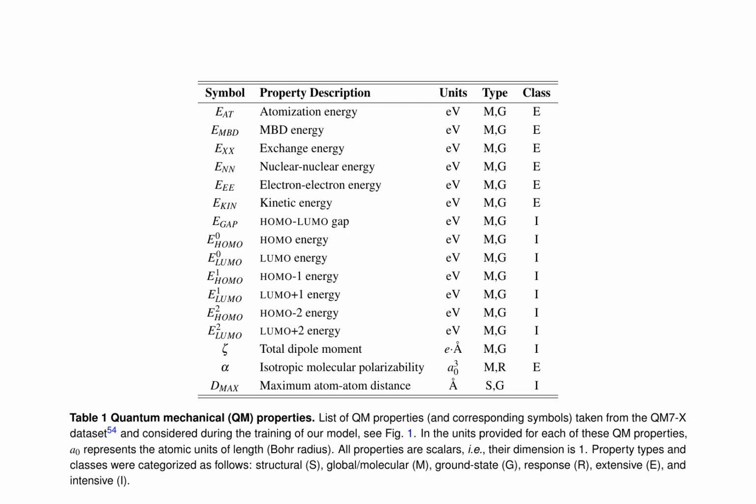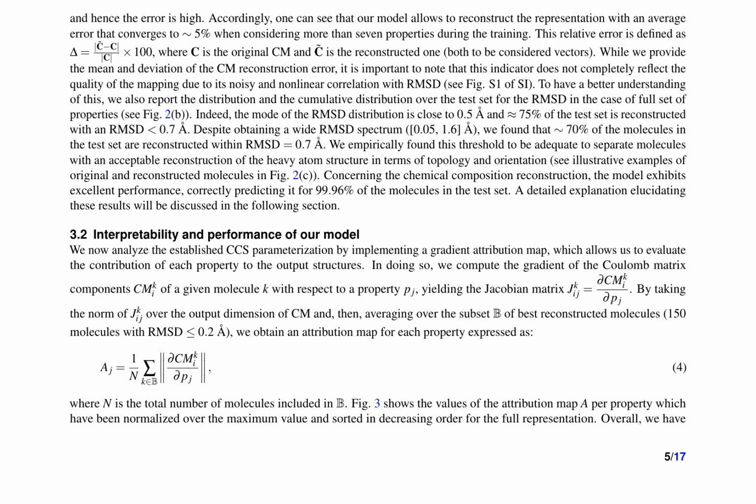The properties are categorized into structural, global, molecular, ground state, response, extensive, and intensive types. A model trained on these properties demonstrates an ability to reconstruct molecular structures with high accuracy, with the error in reconstructing the Coulomb matrix converging to approximately 5% as more properties are used during training.